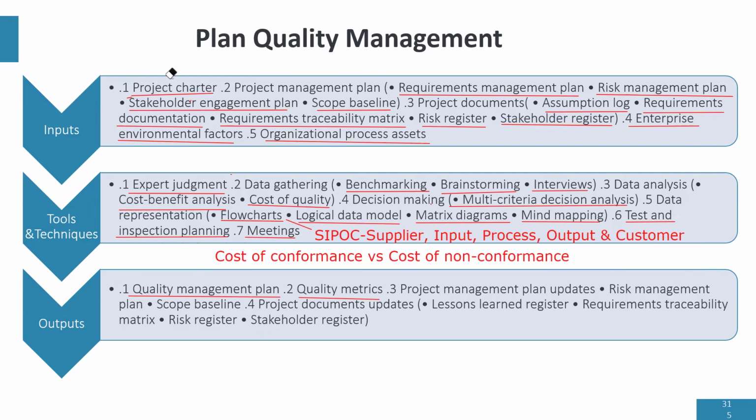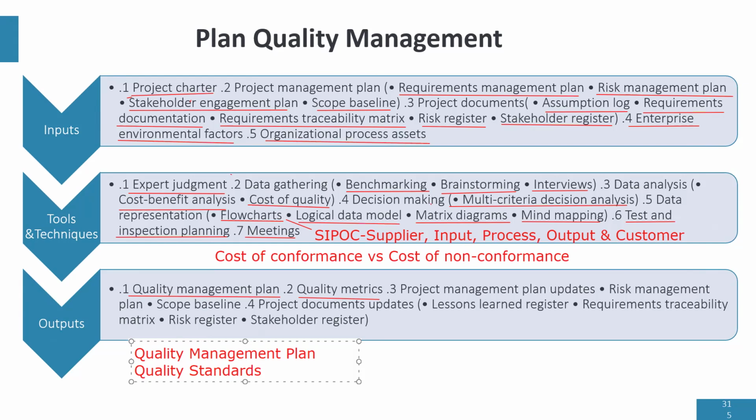So that means most of what we're doing in the input tools and techniques are really focused on creating two major things, the quality management plan and quality metrics. Now, the quality management plan, like I said earlier, houses the quality standards. That means this is where quality standards are determined.